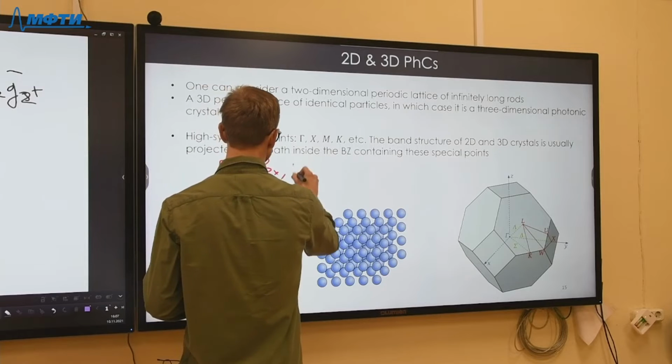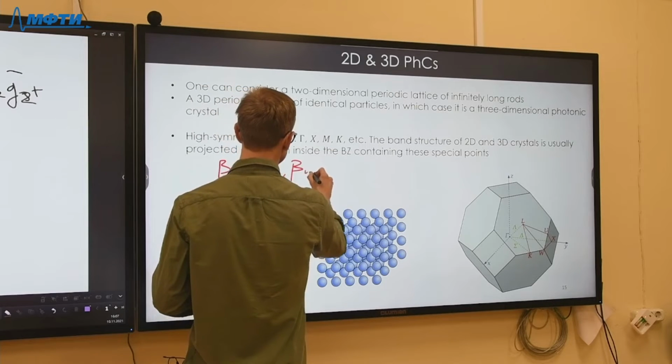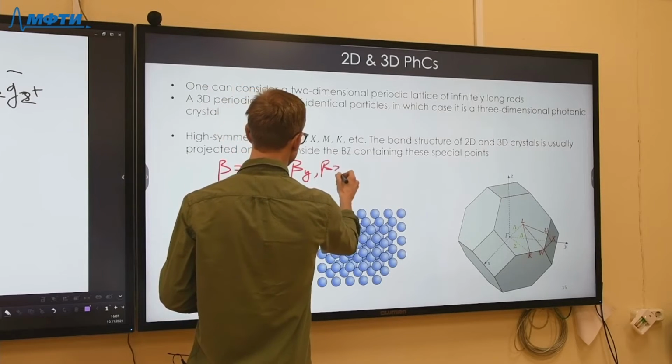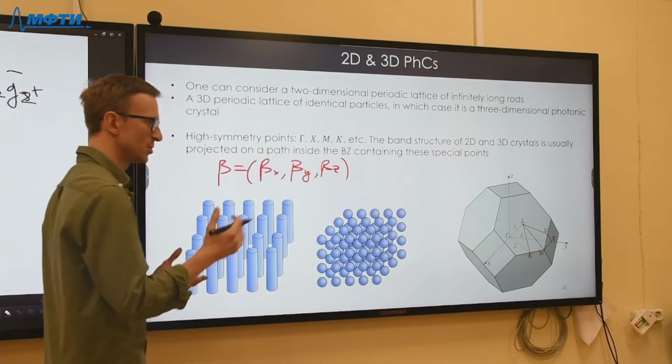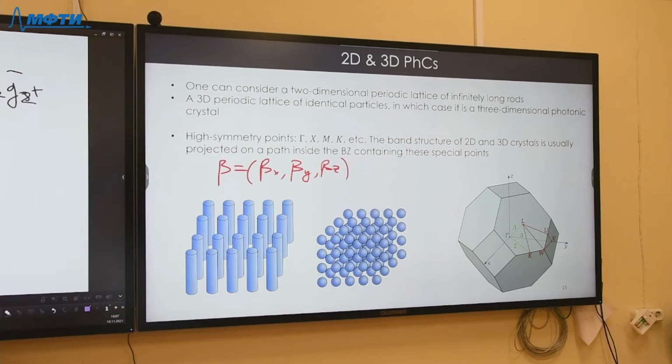Let's label them beta x, beta y, beta z. These are the 3 Euclidean Cartesian components of the Bloch quasi-momentum. And it becomes a pain to visualize the dependence of frequency on 3 components of a vector.